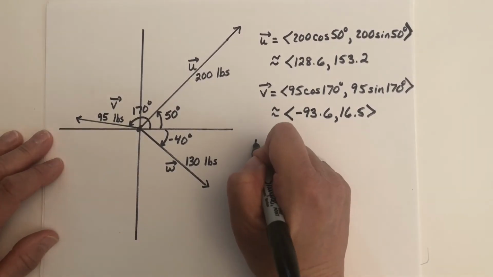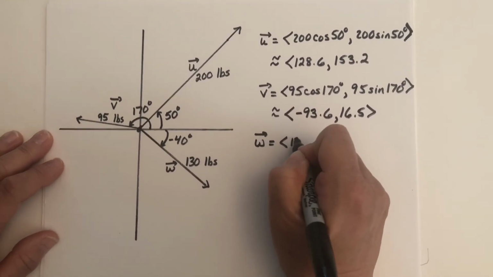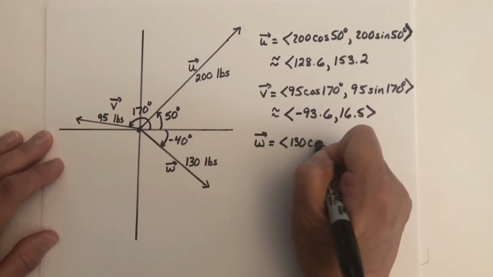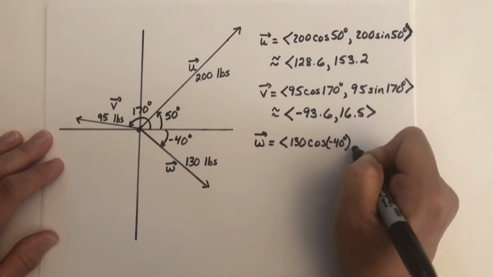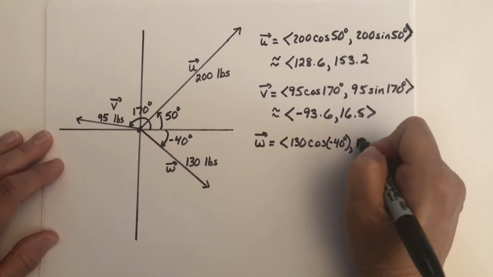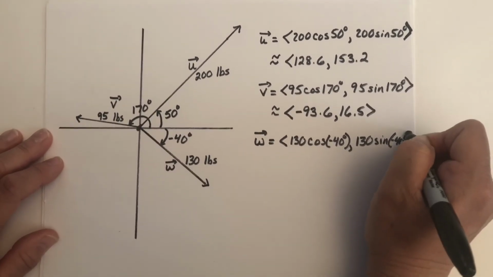And now I'm on vector w, which is 130 times the cosine of negative 40 degrees, comma, 130 sine negative 40 degrees.